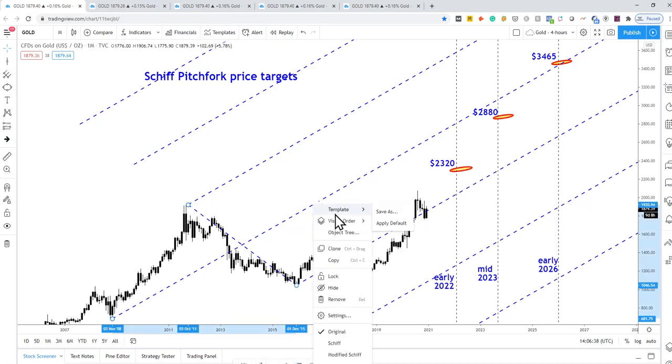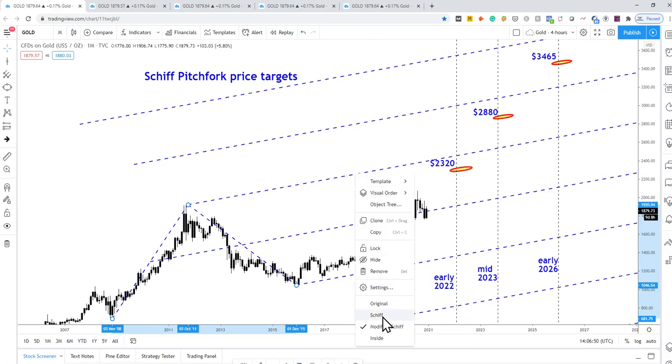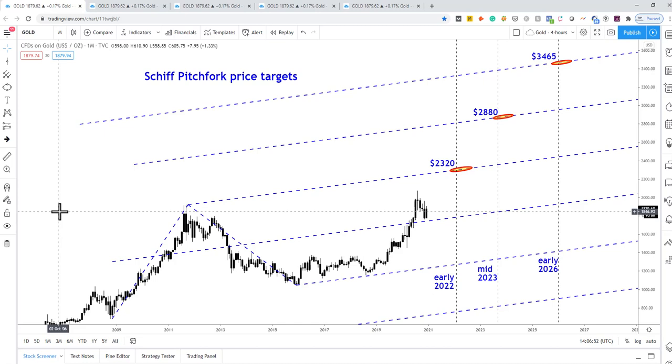The Schiff and modified Schiff pitchforks have a much gentler slope. And so if we want to be conservative in our price predictions, it's better to use a Schiff or modified Schiff pitchfork. In this case, I've got a Schiff pitchfork. It's doing a pretty good job of describing the price action.